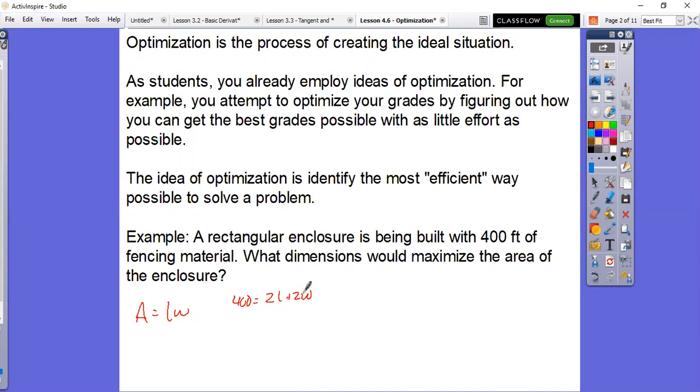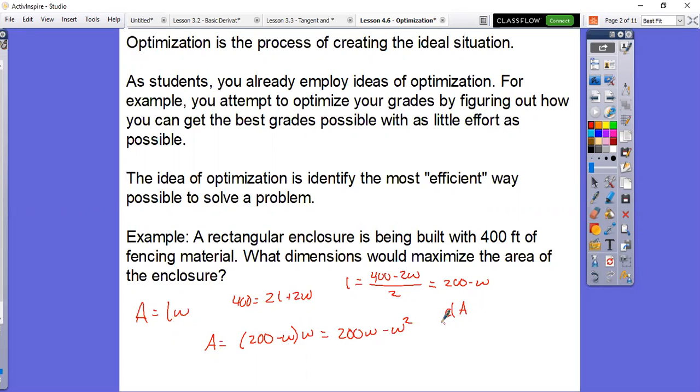So I'm going to solve this for L. Length would be equal to 400 minus 2W over 2, which would be equal to 200 minus W. Now I'm going to go over here to the area formula. Area is equal to 200 minus W times W, which is equal to 200W minus W squared.